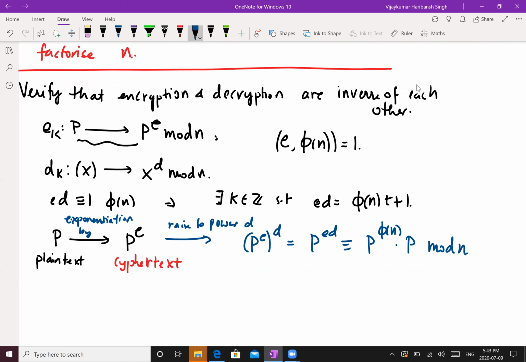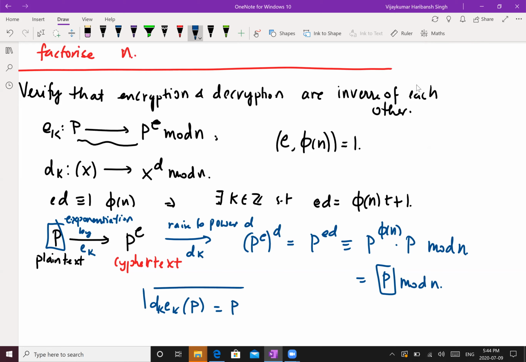Now p to the power phi n is congruent to 1 mod n, so this is going to be p mod n. So we have shown that after applying ek and then dk on your plain text, it brings you back the plain text.